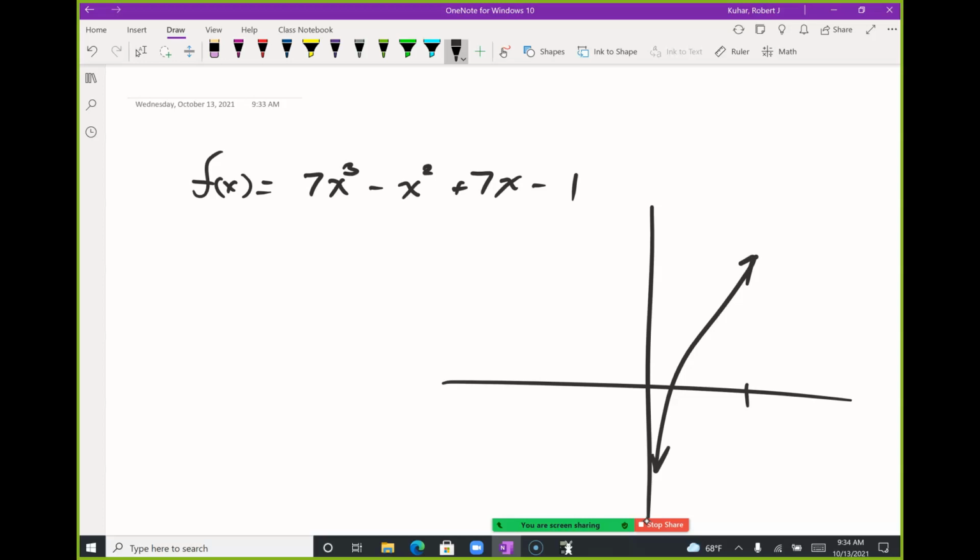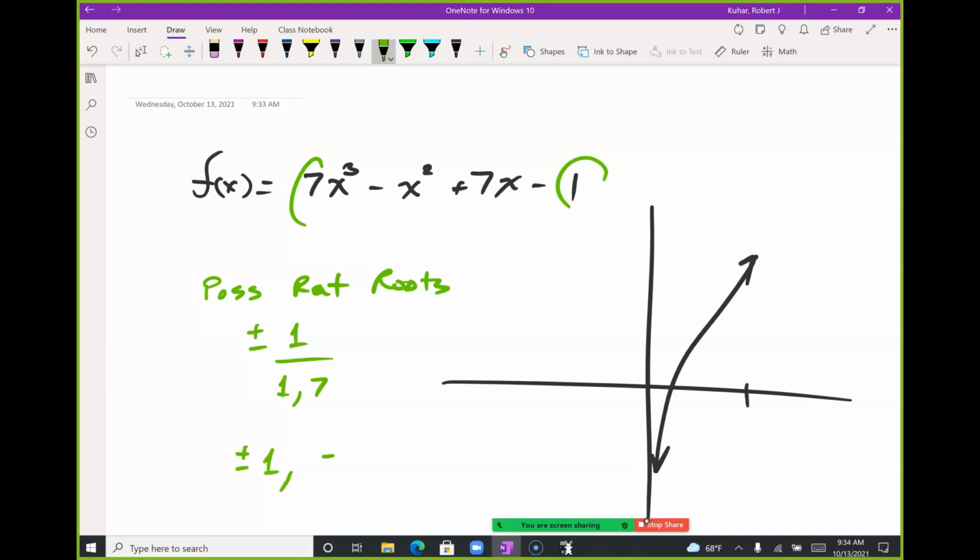It's not obvious where that zero is. But if I look at the possible rational roots, it's plus or minus the factors of 1, the constant, over the plus or minus factors of the leading coefficient, which is prime, so only 1 and 7. So my only options are plus or minus 1 or plus or minus 1/7. And it should be obvious it's not 1, it's definitely not negative 1. And it's on the positive side, at least I think it is.